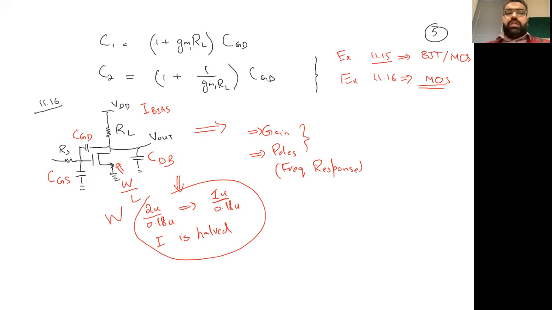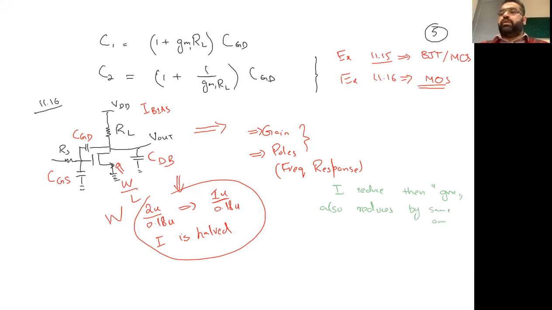Okay, so width and current are both half, and we need to determine the frequency response. First, I'm writing in green some analogies. If I is reduced to half, then the transconductance, GM, also reduces by the same amount. Why? Because that is a very important question. If I reduces, GM also reduces by the same amount.